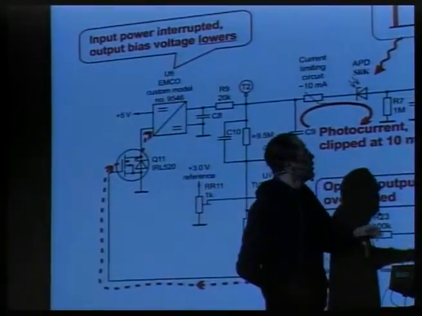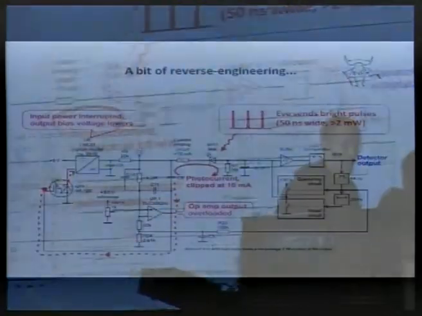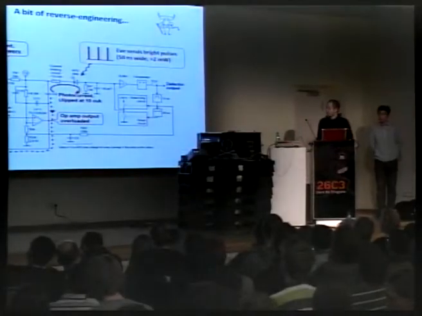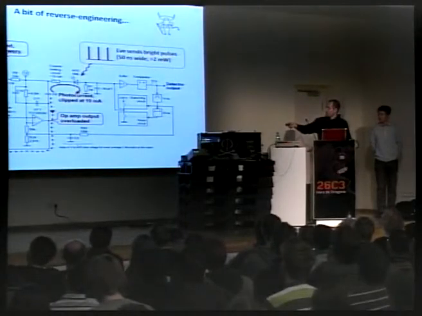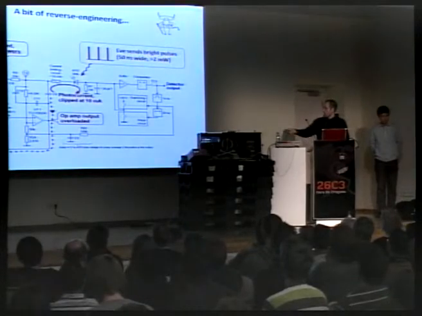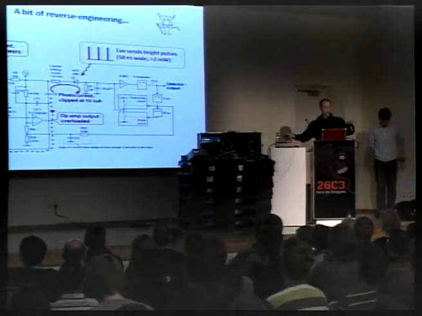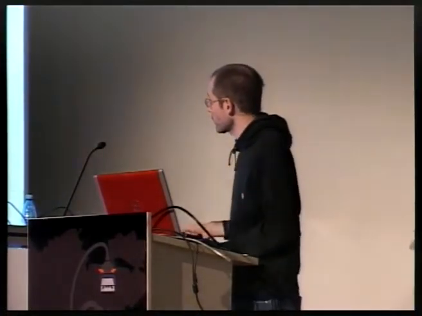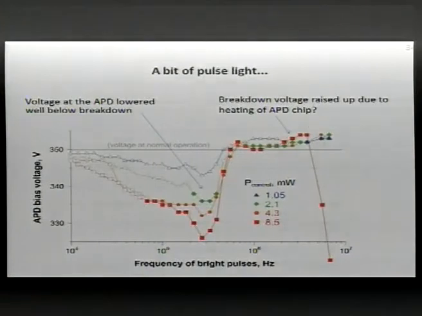And when Eve sends bright pulses of frequency typically over 70 kilohertz, the power supply gets disrupted by the 1 volt dips signal output by the operational amplifier. And usually the power supply phase locks to the frequency of the perturbation. And as you can see on the next picture, the detector gets under control.